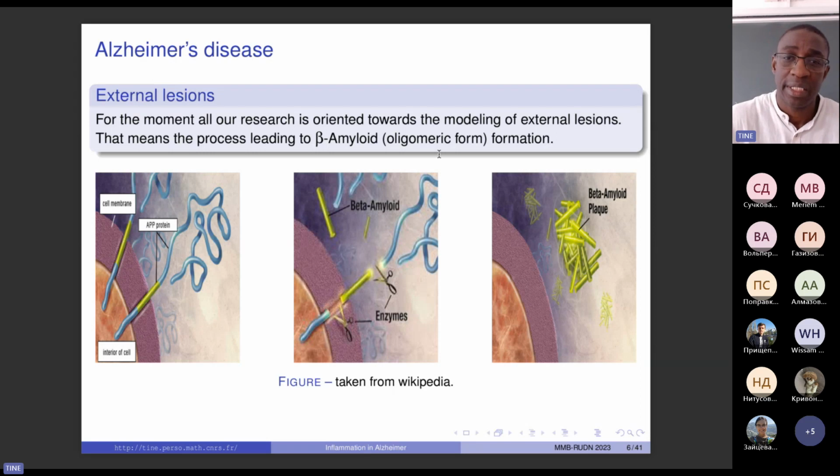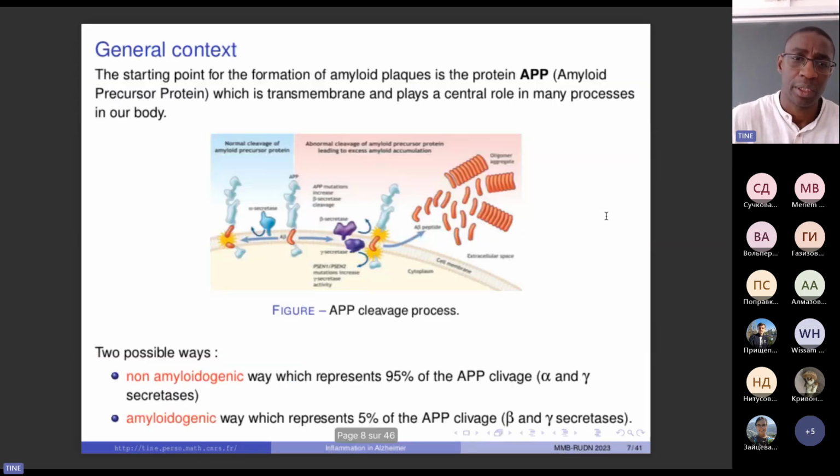Of course, it does not happen in 100% of cases. Sometimes the released beta amyloid protein can aggregate all the proteins and form what is called beta amyloid plaque. I will focus on this case to explain the process.